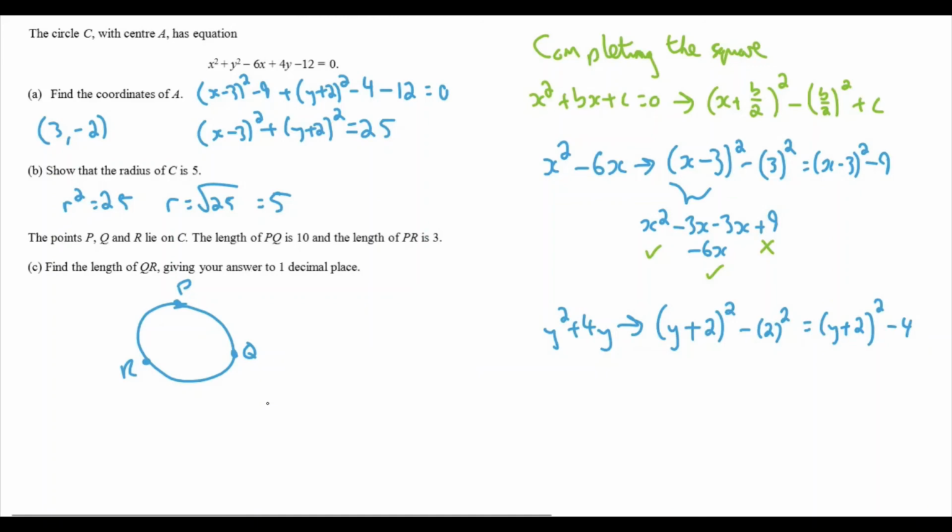We don't know. What we do know, however, is that PQ has a length of 10 and that PR has a length of 3. With this in mind, this actually tells us where everything is by knowing the lengths. It's not something we have to measure out accurately. If the radius here is 5, then a length of 10 must be the diameter, because the diameter is 2 times the radius.